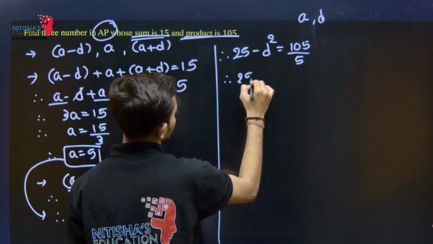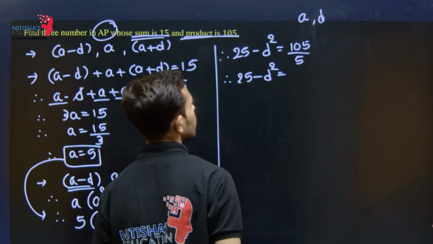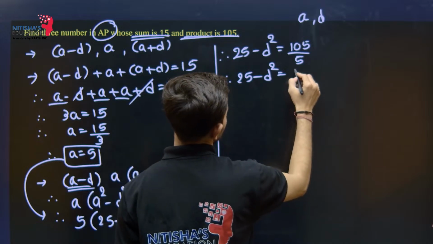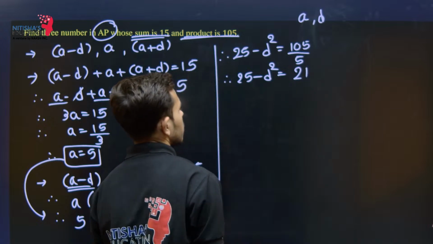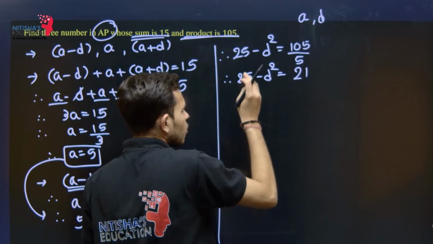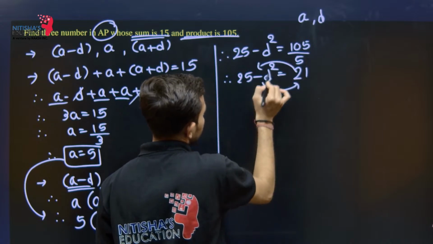It will be 21, right? Now, transpose this D square to the right side and this 21 to the left side.